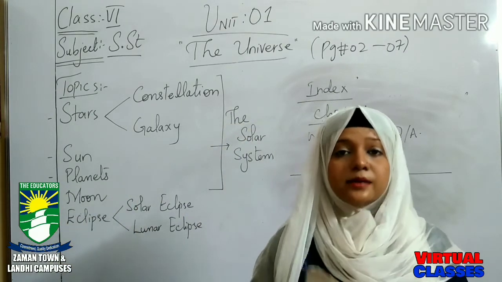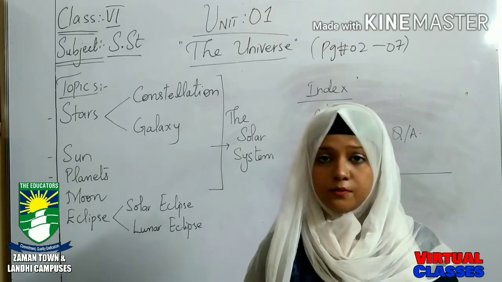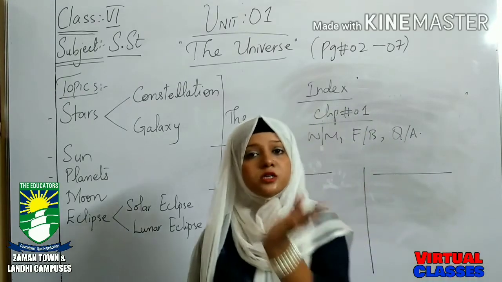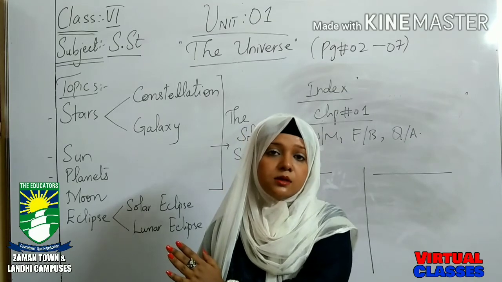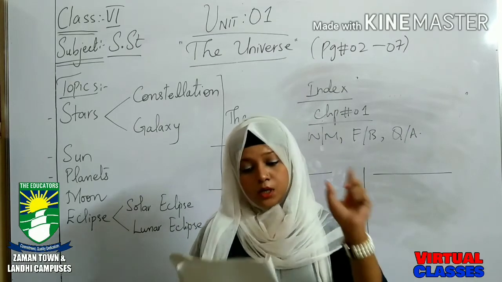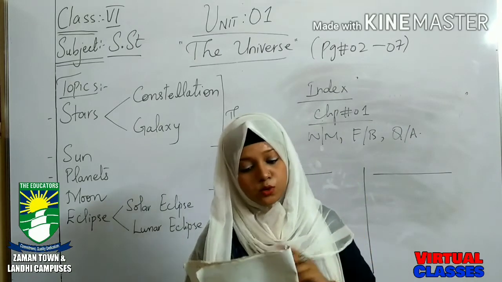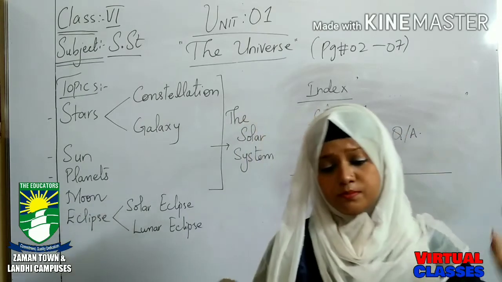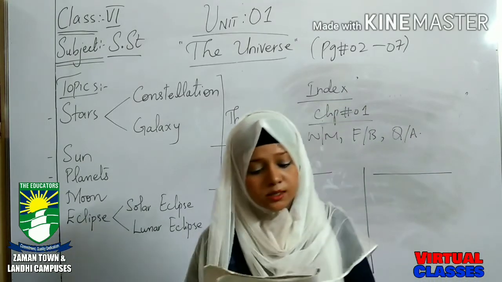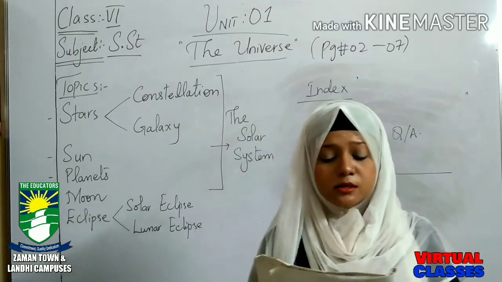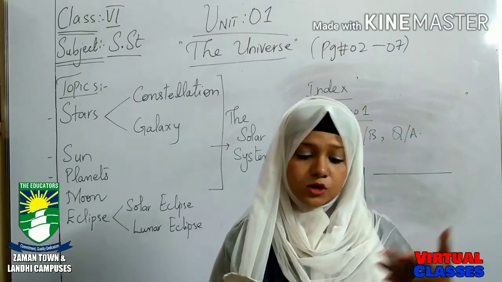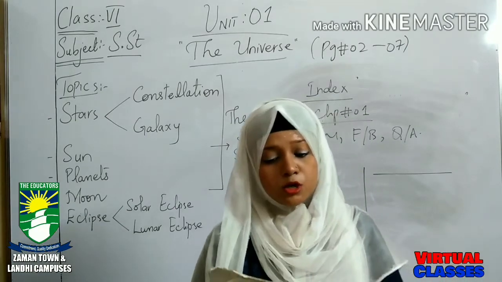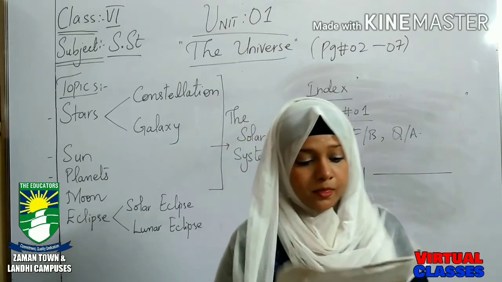Next question. Which planet has the longest orbit? Very simple. The one which is farthest from the sun has the longest orbit. You can write down the name of the planet only. No need to write too much explanation. In the same manner, which planet has the shortest orbit? The one which is nearest to it has the shortest orbit.